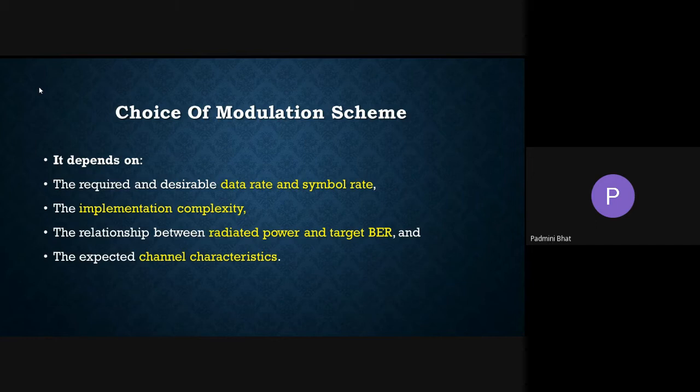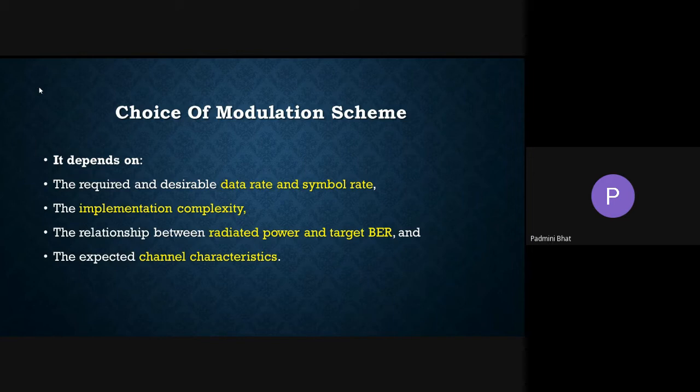That means to transmit one piece of information, I have to send two bits. Next, to represent one phase, I will be sending 4 bits. To represent one phase, I will be sending 8 bits. So these are symbol rate. To represent one symbol, one phase means one symbol, because one phase represents any one symbol. To represent one symbol, how many bits I am using, that becomes the symbol rate.